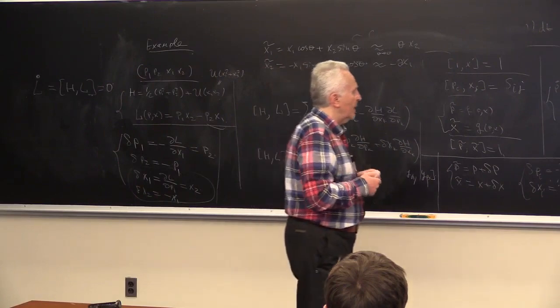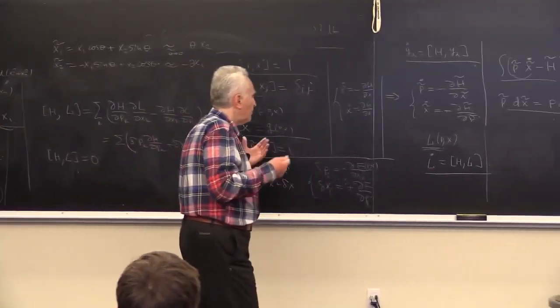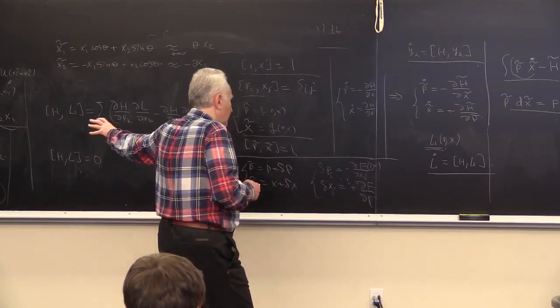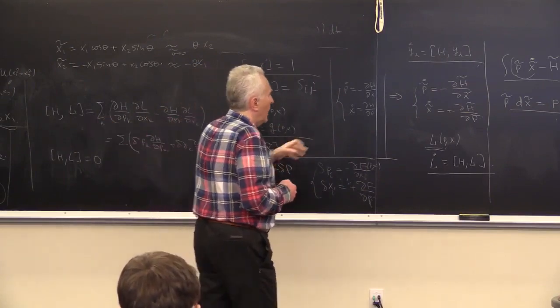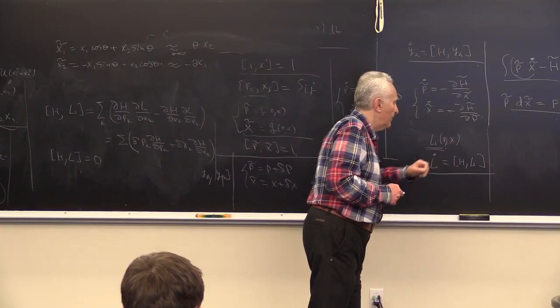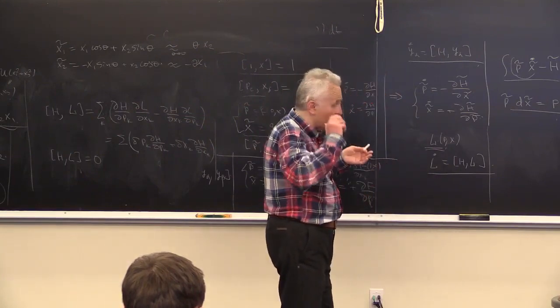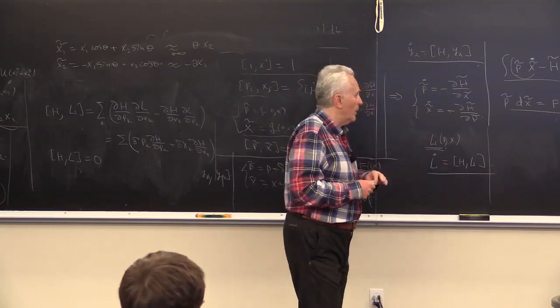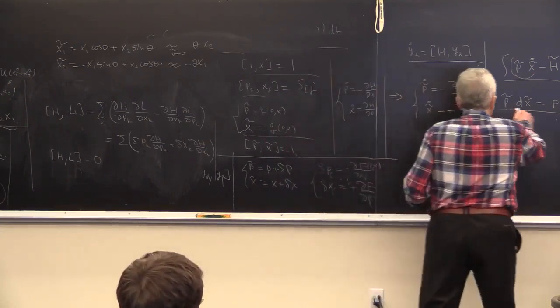So it generates a symmetry, and it was symmetry under rotation. And the Hamiltonian was invariant under this symmetry. But what is the general rule for invariance of the Hamiltonian?